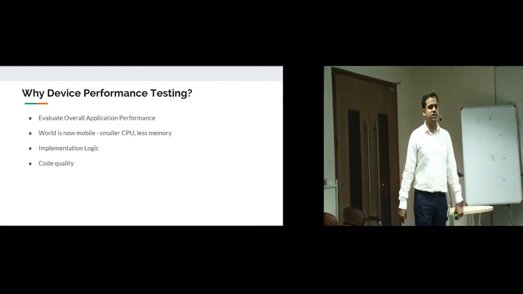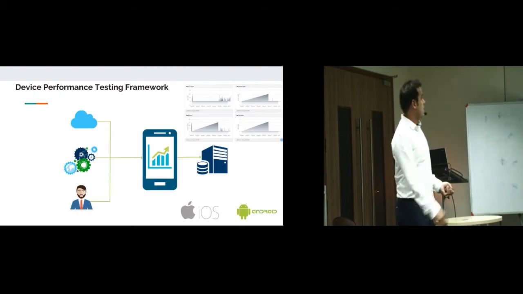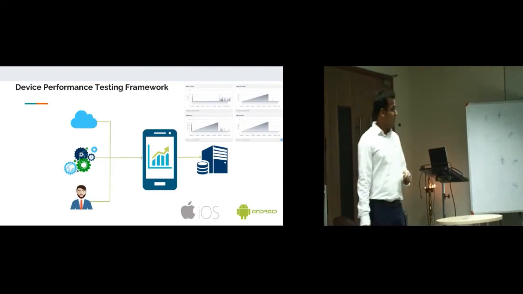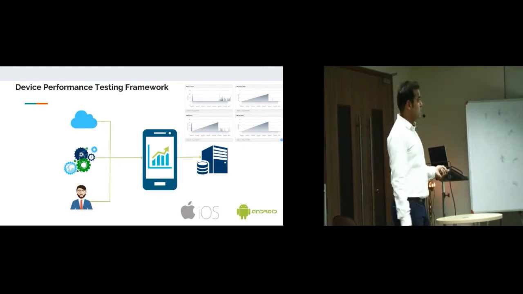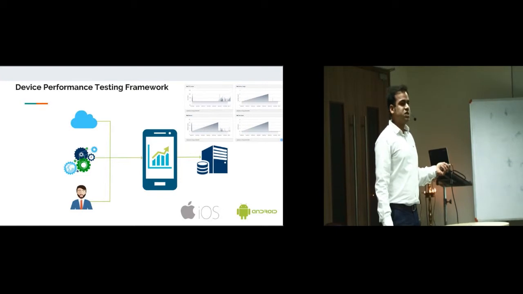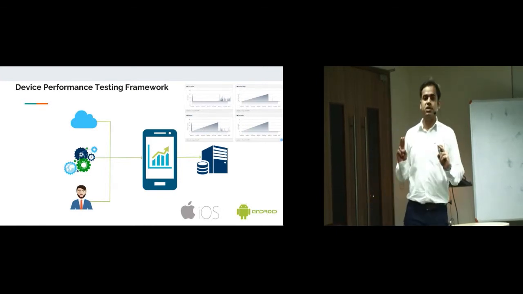How did we handle it? How did the team come up with this solution? Well, the team came up with a device performance testing framework. This framework can be controlled by the automation suite, can be controlled manually, and of course, remotely. This framework consists of two components.